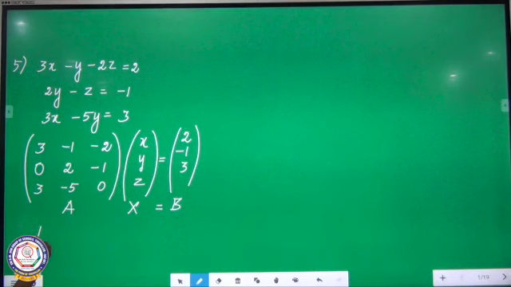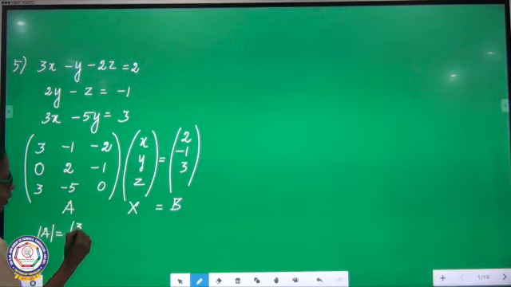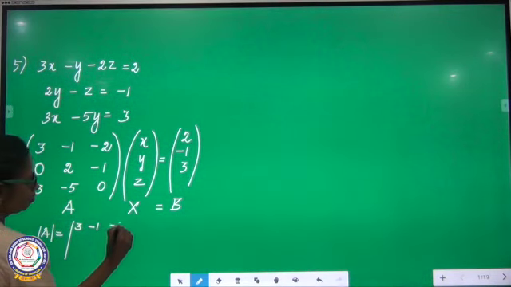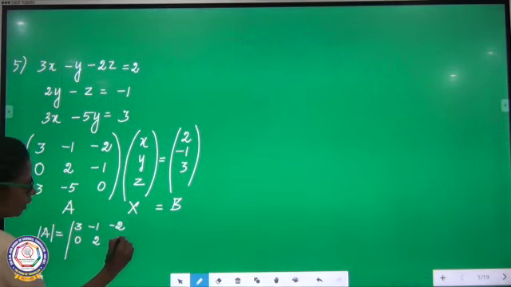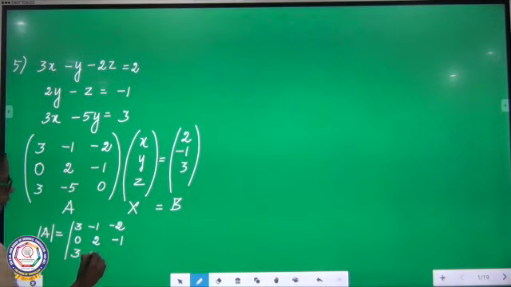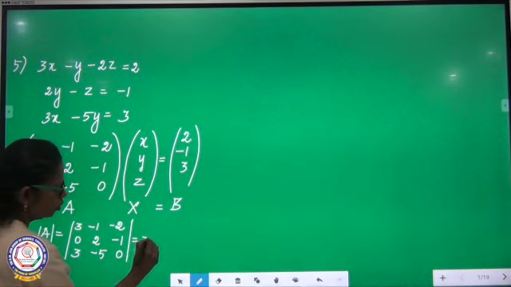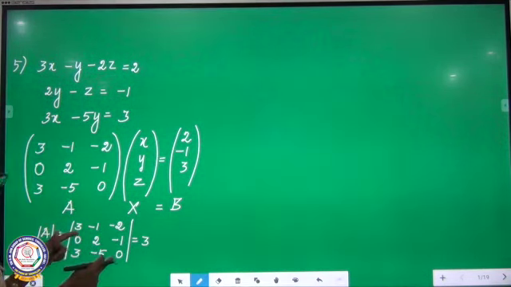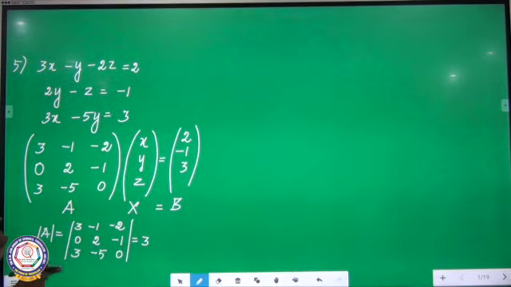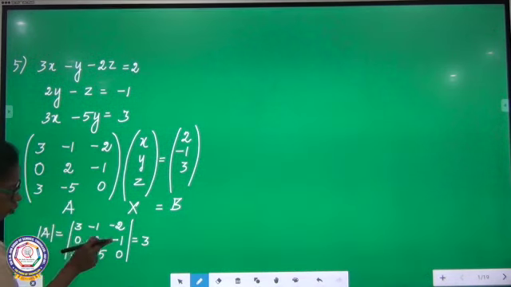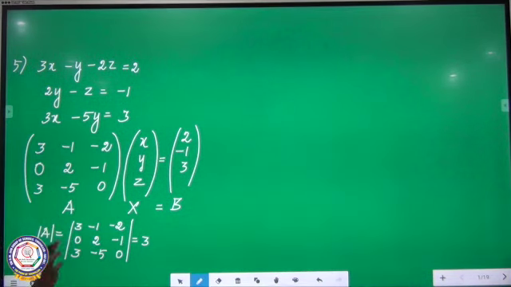Determinant A. Determinant A equals determinant of 3, -1, -2; 0, 2, -1; 3, -5, 0, which is equal to 3 into, straight away I am going to write. If you are selecting this element, that particular row and column should be deleted. You are getting the elements 2, -1, -5, 0.